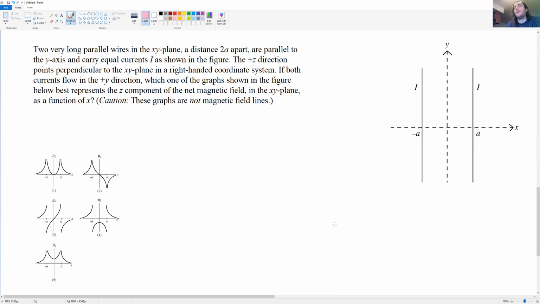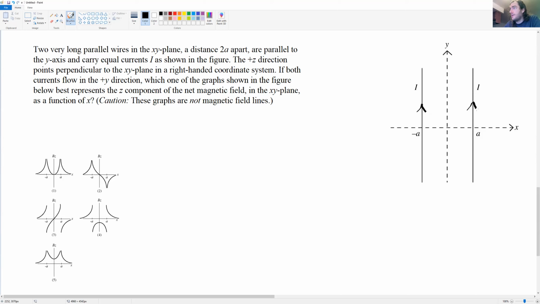Okay, so let's go ahead and fix up the figure a little bit. They tell us that the currents are flowing in the positive y direction. So I don't like the fact that the diagram doesn't show that. So let me go ahead and add that in, right? So does that help you guys a little bit?